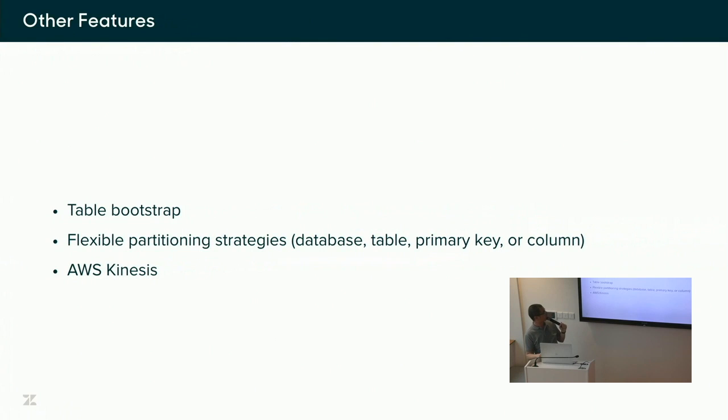Another feature that Maxwell offers is a table bootstrap. So if you already have a data set and you want to introduce Maxwell, it gives you a way to get all the data that's already in the database into Kafka. And it has flexible partition strategies. Like I was saying, in a partition, you are guaranteed that you have order.